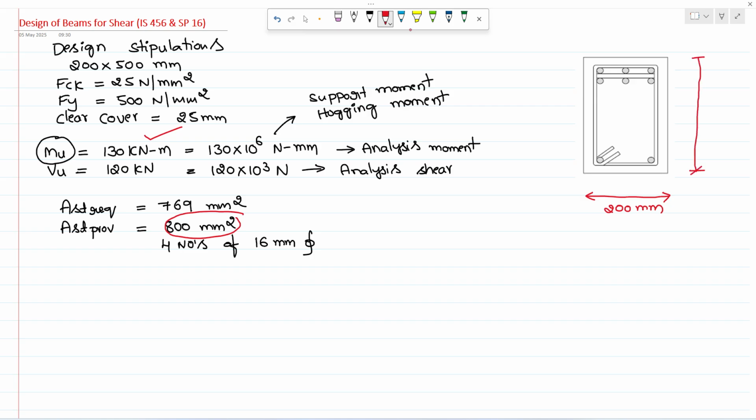Total depth of the beam is 500 millimeter, whereas the effective depth d will be 500 minus cover 25 plus diameter of stirrup 8 and these four numbers of 16 mm dia are placed in two layers.